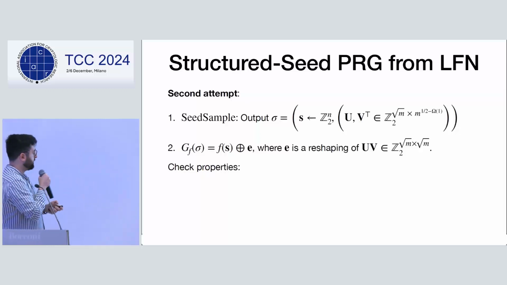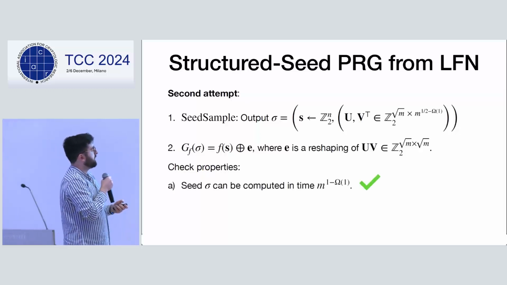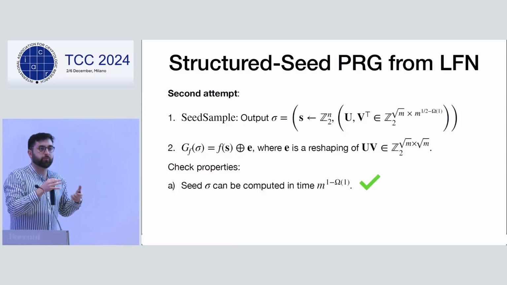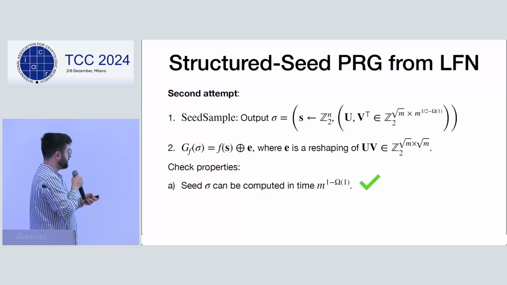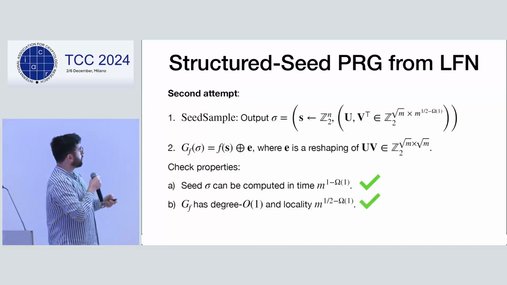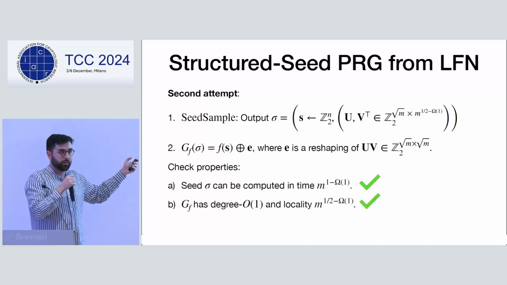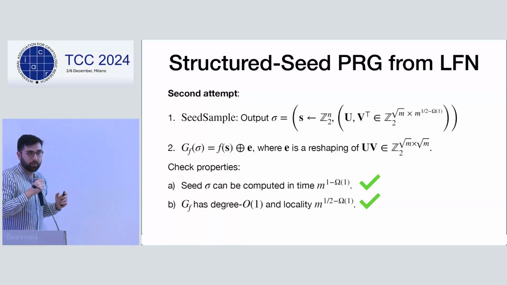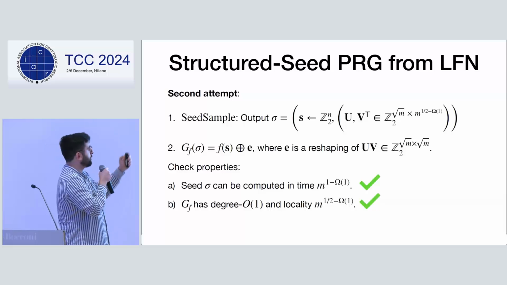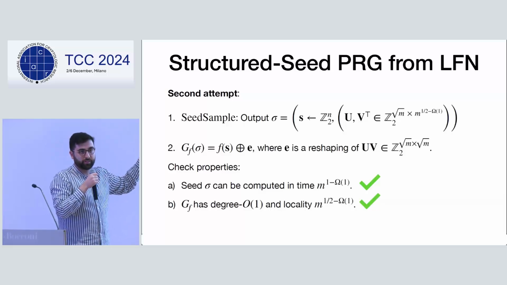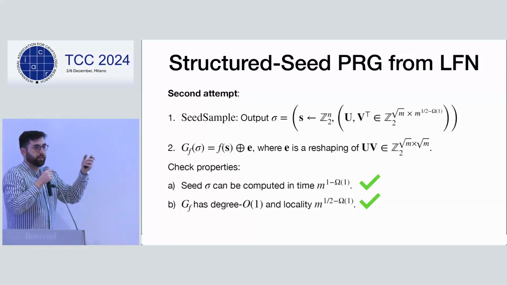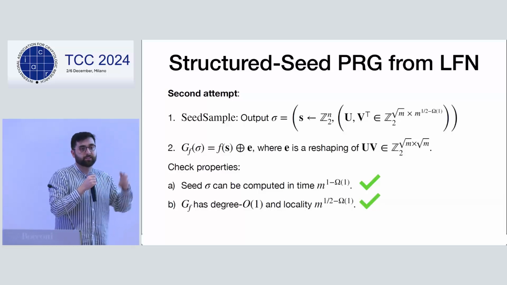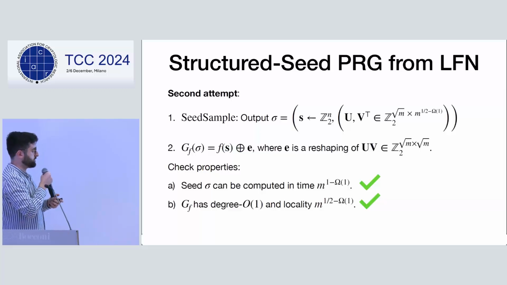We should check its properties. The first is that this seed sigma can be computed in sublinear in M time, as we saw on the last slide, so that's good. Moreover, I claim that this G function has the properties we want. And so why is it constant degree? It's constant degree because we're applying an NC0 function f to S, and because it's an NC0, it has constant locality, which means you can arithmetize it to something that has constant degree over the integers.